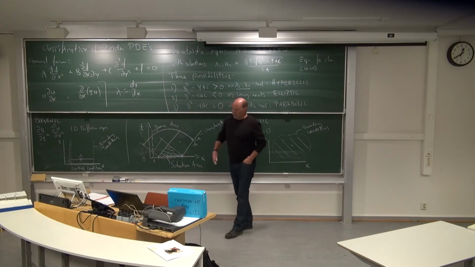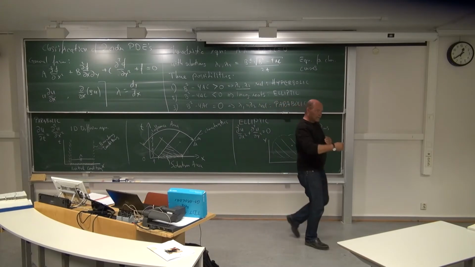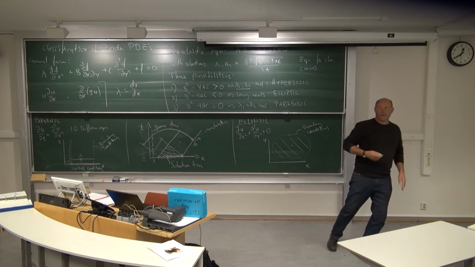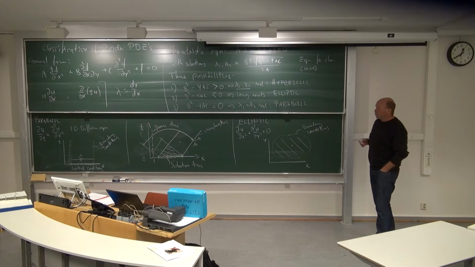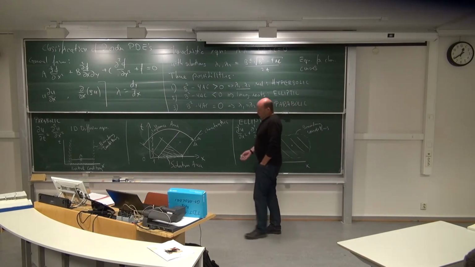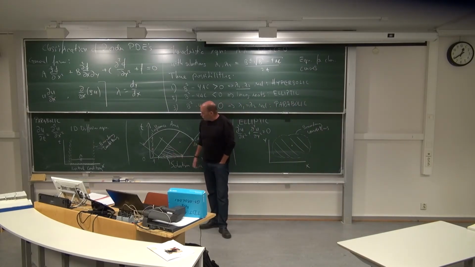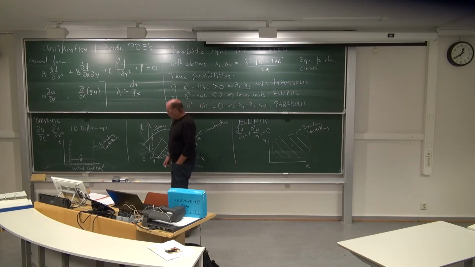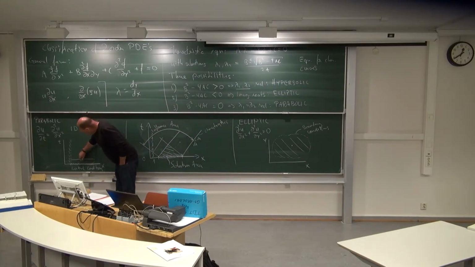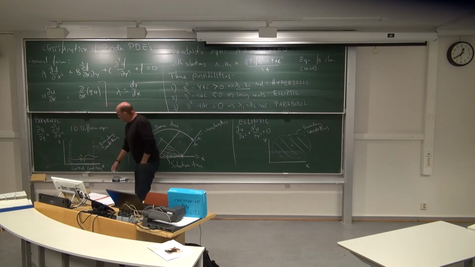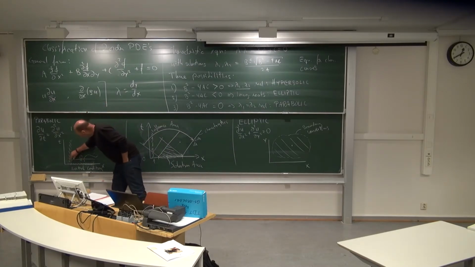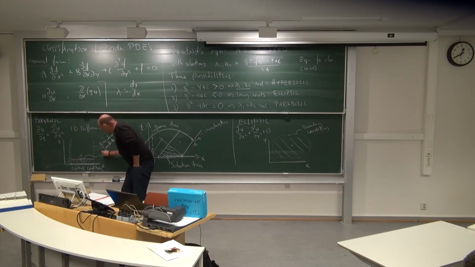If you know the solution at one time, you can calculate the next one, and then the next one, and so on. So you march the solution forward in time, as you also can do with hyperbolic systems. So also here, the solution area and influence area are the same.